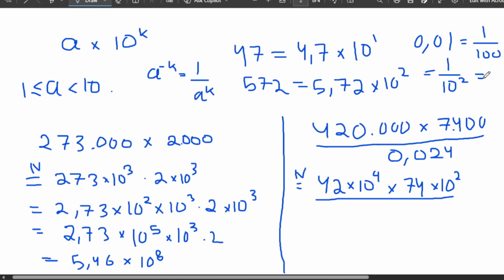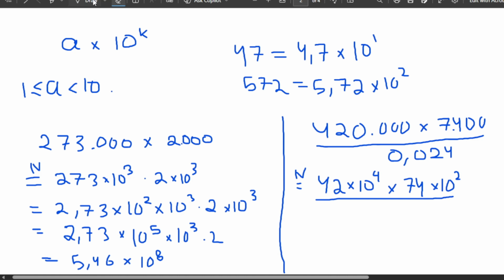So this will be 10 to the power of negative 2. Okay? Now you can do this easily. This will be 24 over 1000, right? That means 24 times 10 to the power of negative 3.